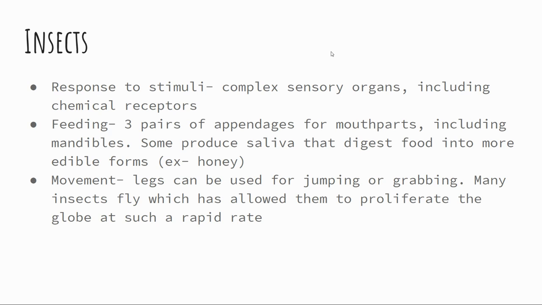Some produce saliva that digests food into more edible forms, like honey. And honey has complex carbs in it, so the saliva that some insects produce begins to break honey down before it reaches their digestive system. Movement: legs can be used for jumping or grabbing. Many insects fly, which has allowed them to populate almost every corner of the globe at a very rapid rate.